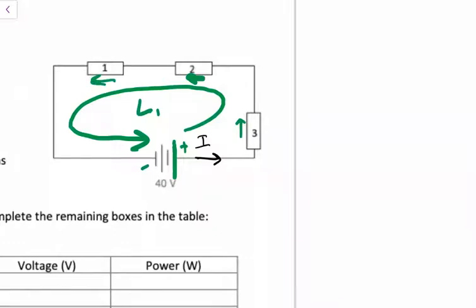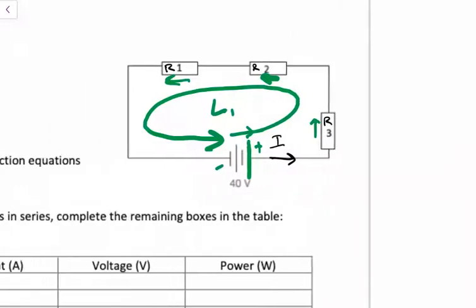And I'm also passing across my battery from my negative to my positive terminal. I like starting from my positive terminal because that's where my circuit's voltage is coming from. Then I'm passing through R3, R2, and R1, given some current I.